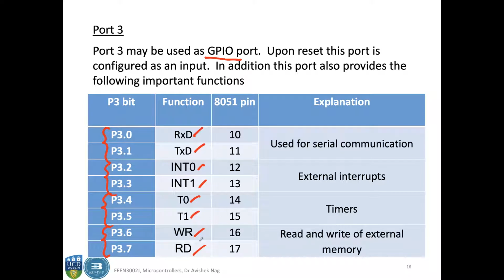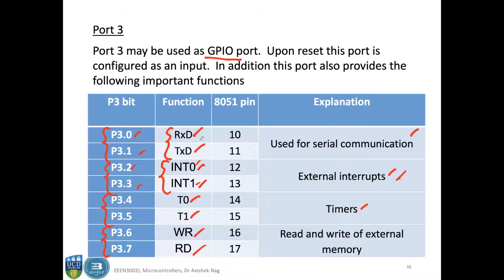Okay, so you will get to know the details of these pins when you study these topics later in this module. When we study serial communication, we will get to know the functions of these two pins in terms of receiving and transmitting data. When we study external interrupts, we will get to know the functions of these two pins in terms of INT0 and INT1, and so on.